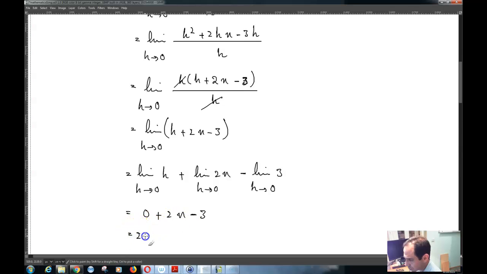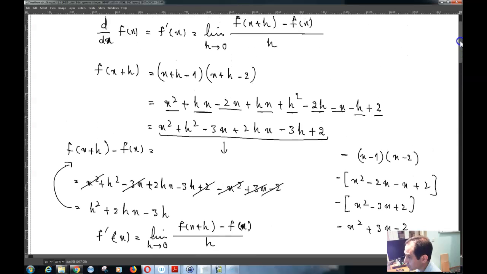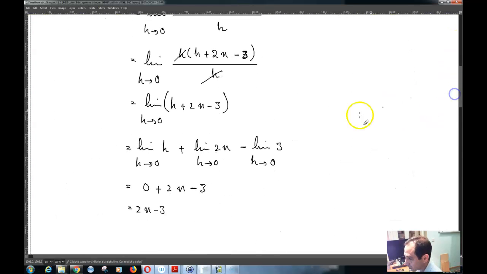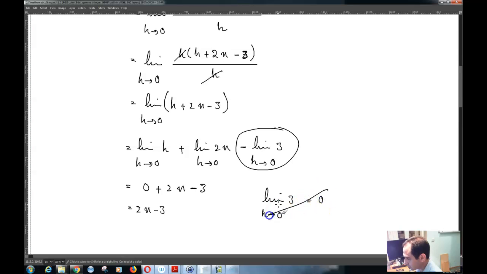So this is equal to 2x minus 3, and that is the correct value of the derivative of the function, which I miscalculated. And the mistake that I was making was that I wrote the limit of 3 as h tends to 0 as 0, which is wrong.